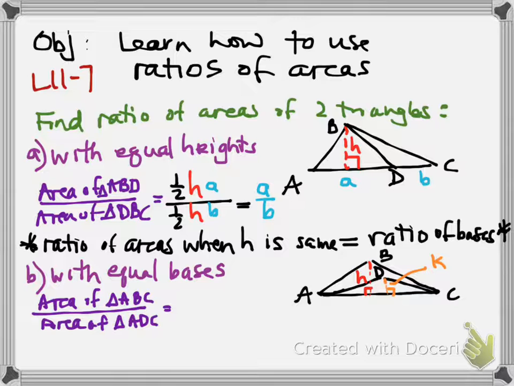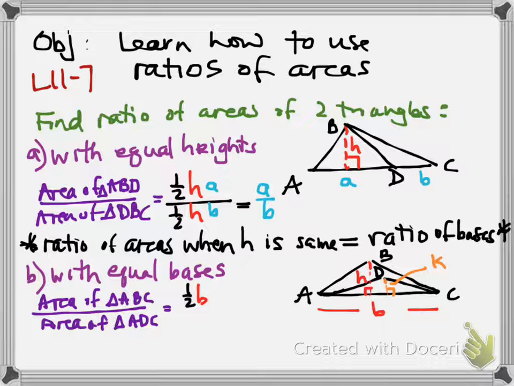we're going to have 1/2 the base, and we'll just call the base B in this case, since they're the same. Let's do red. So we'll just call this B from here to here.